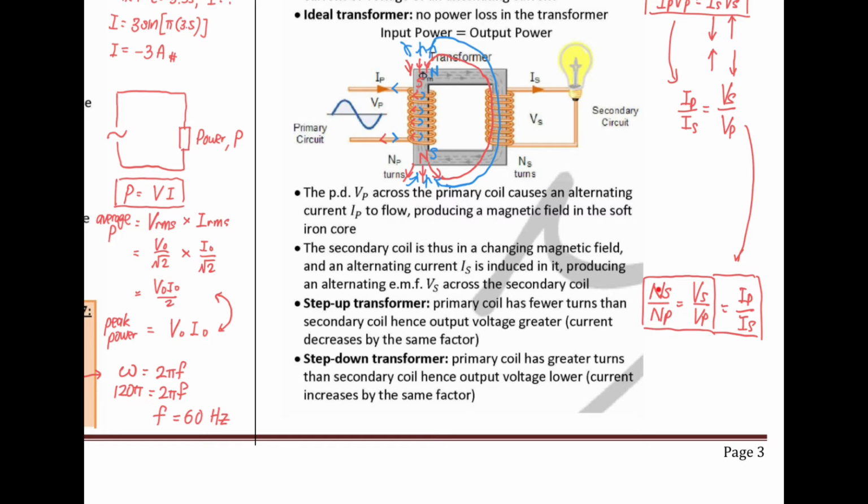And because of that, we change in the same ratio. VS is smaller, VP is greater. But the current is the other way around. The IP is smaller and the IS is greater. So that's why current increases, but voltage decreases. Okay, so we finish up this part.